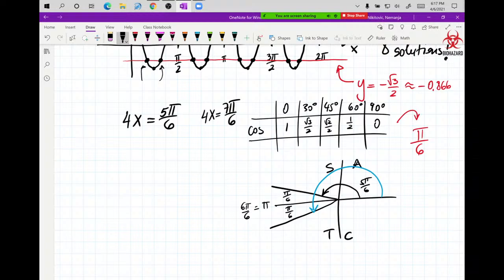And now you just need to divide both sides by 4. Or easier, multiply by a quarter, because you have a fraction on the other side. So if we multiply both sides by a quarter, your first angle is 5 pi over 24, and your second angle is 7 pi over 24.